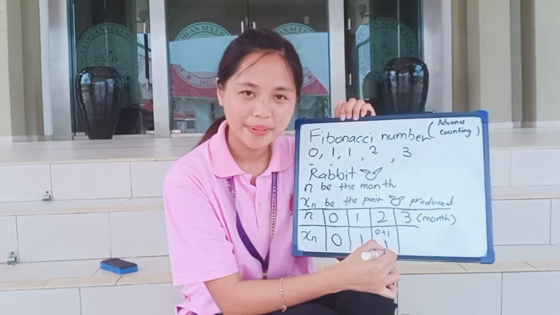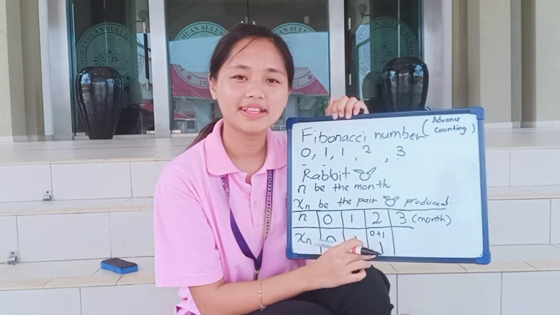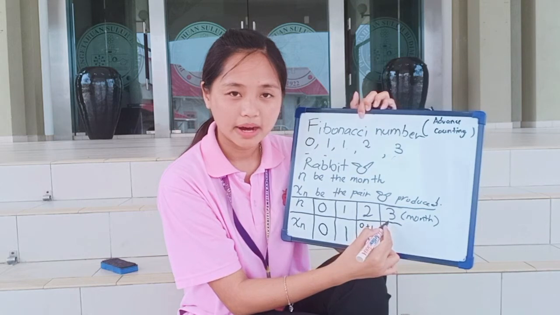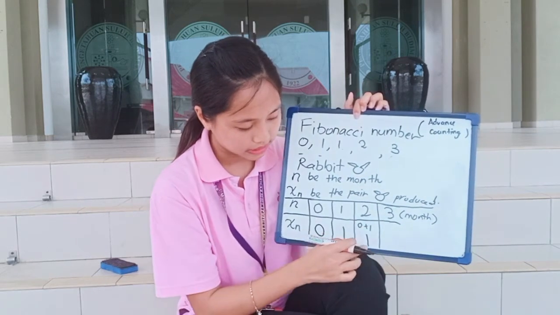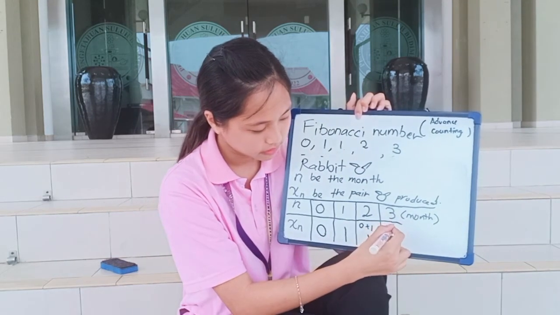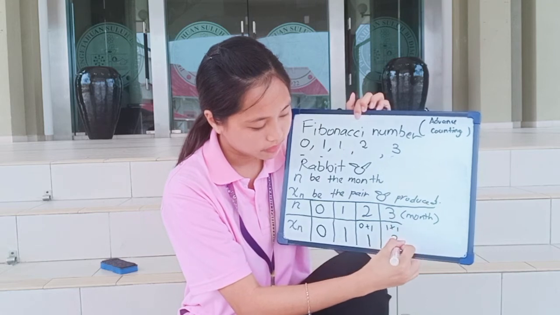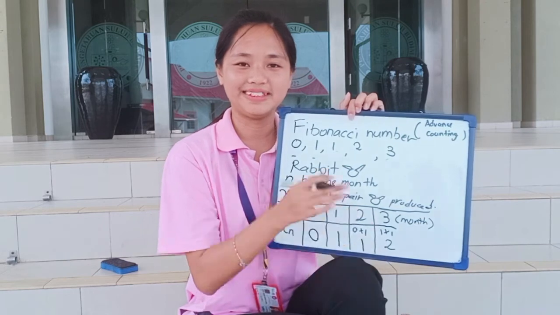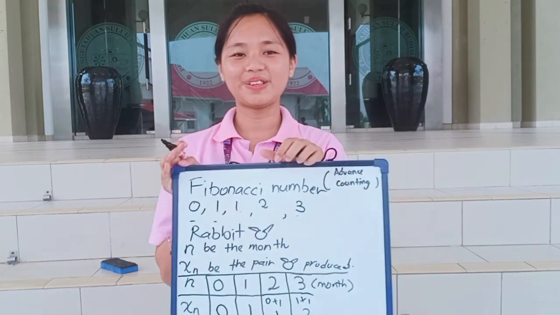We get 1 pair of rabbits at the second month. We repeat the step. At the third month, it's 1 plus 1, so the third month will produce 2 pairs of rabbits. Is that easy, right? So that's all. Thank you.